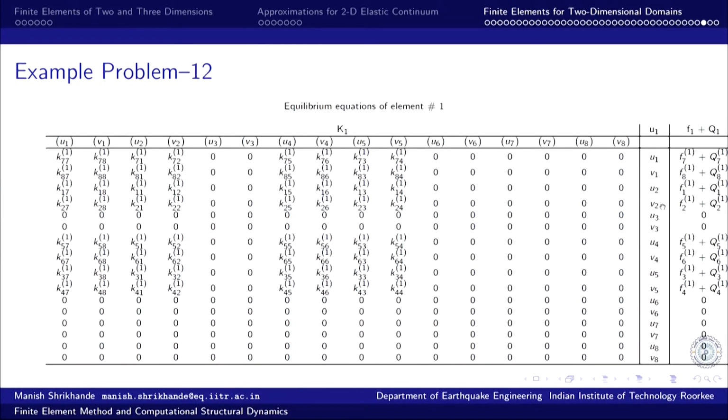And once we have all the 4 element equations in place, then we impose the boundary conditions that are available for u1 v1, u2 v2, u3 v3, that these displacement degrees of freedom should vanish.